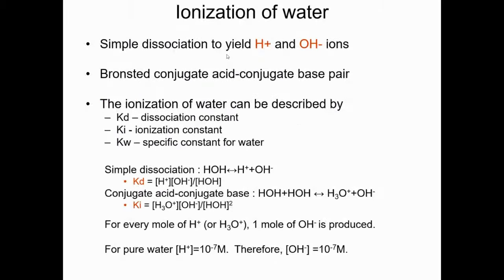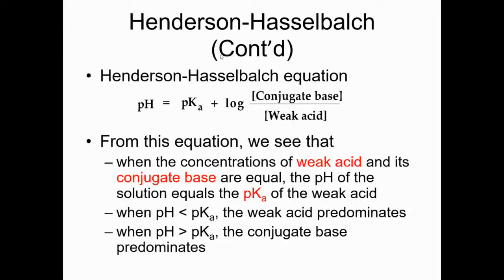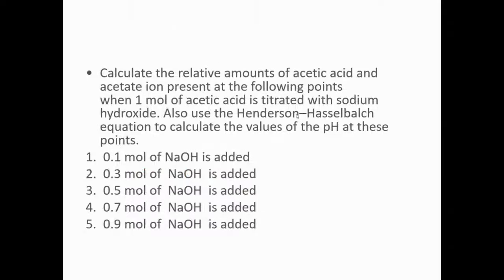Now let's go to this. pH equals pKa plus log of conjugate base over weak acid. Now we come to this question. For example, if you have 1 mole of acetic acid and you titrate with 0.1 molar sodium hydroxide, what would be the pH?